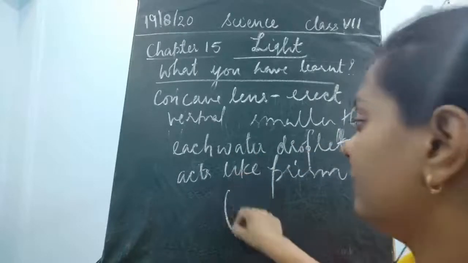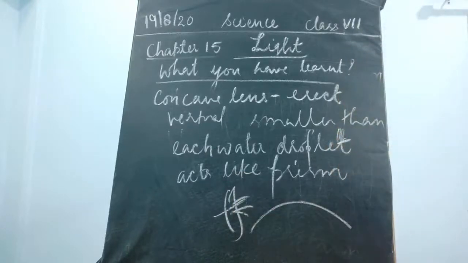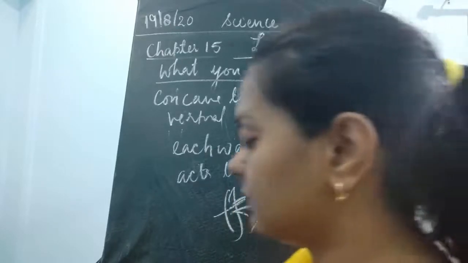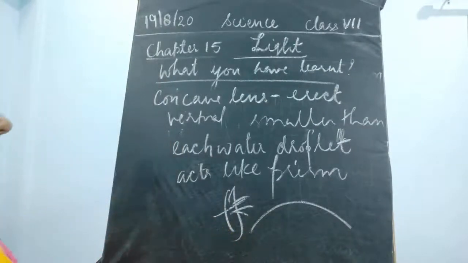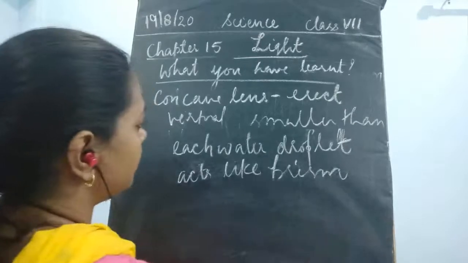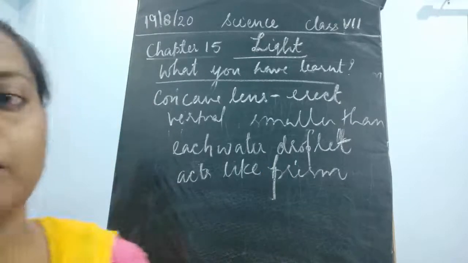In each and every droplet dispersion takes place, and since the earth is circular in shape, we can easily see this rainbow, which is formed because of the sunlight and the water droplets which act as prisms. So this was all about dispersion, children.